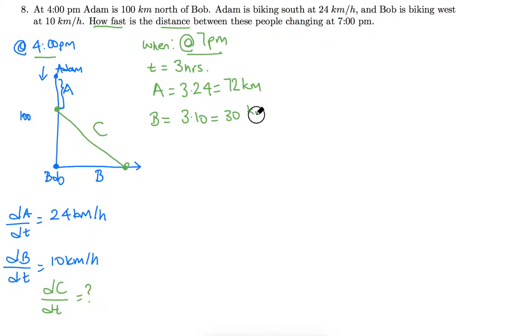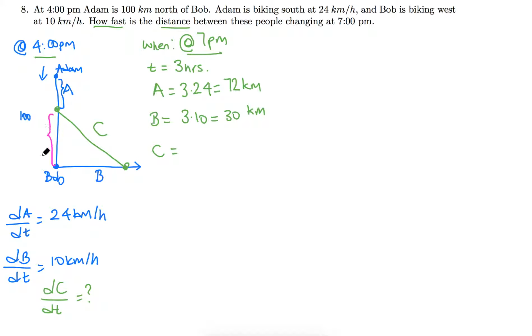And we need to find C probably. We can use the Pythagorean theorem. We have to be a little careful because this is a little different. Adam is biking towards the intersection, not away from the intersection. So our triangle will have the sides B and then 100 minus A for this portion here.